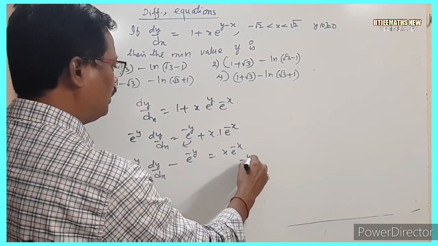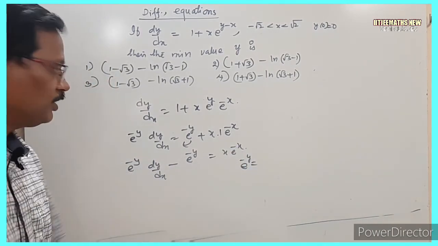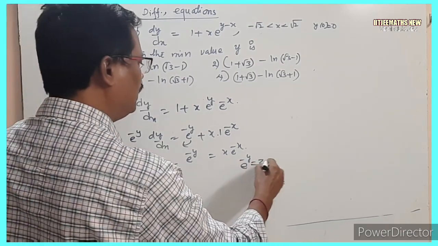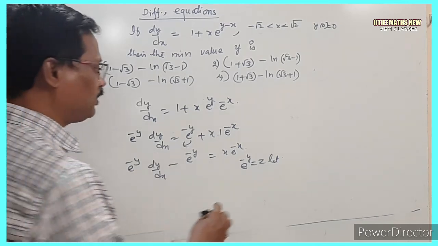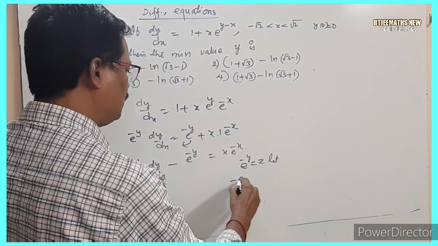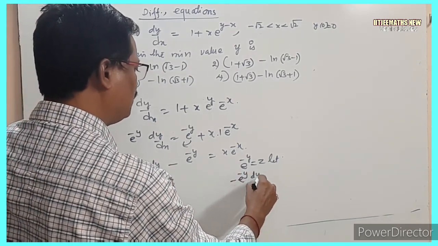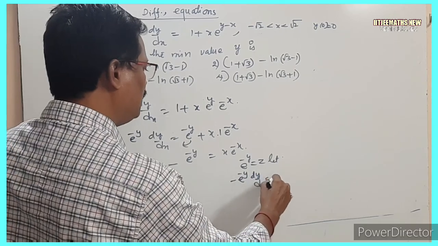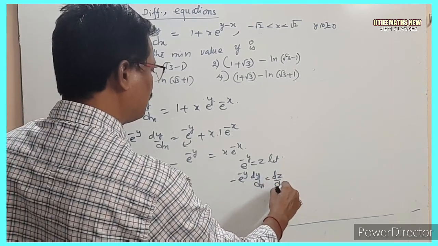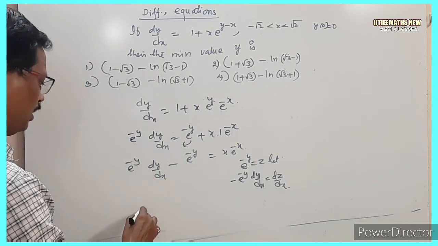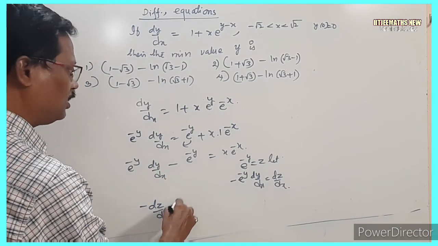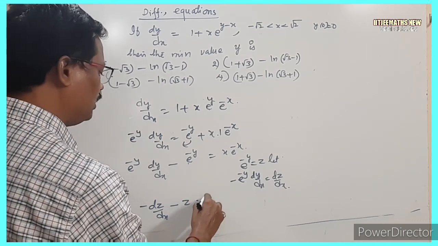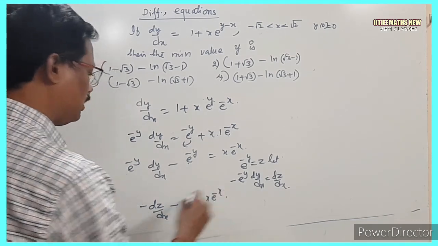Now here I am taking e power minus y. Let us convert this into a linear differential equation. I am taking this as z. The derivative of e power minus y with respect to x, minus e power minus y into dy by dx, is equal to dz by dx. Substitute here, this will be minus dz by dx minus z is equal to x into e power minus x.